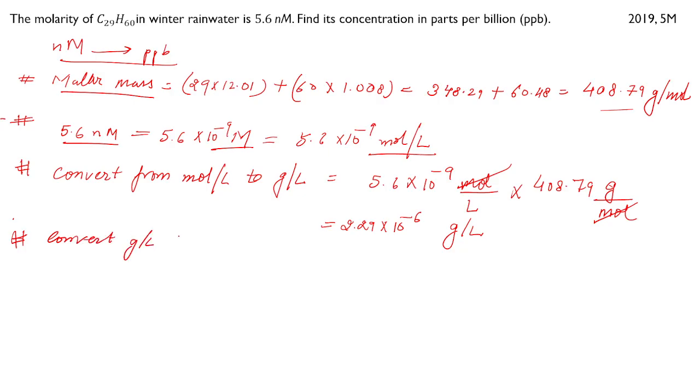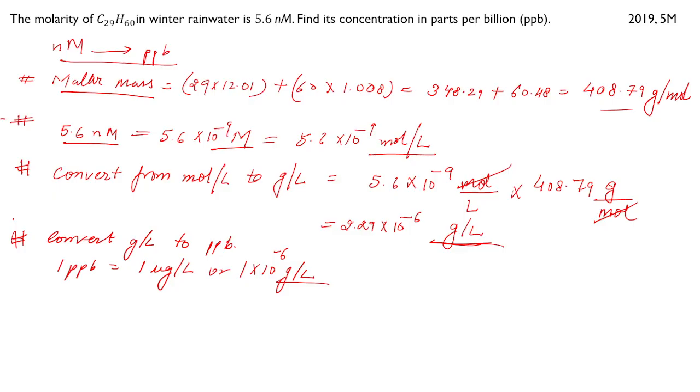Okay, now we are able to convert gram per liter to ppb. So always remember, 1 ppb is always 1 microgram per liter, or we can say 1 into 10 to the power minus 6 gram per liter. Now see, the unit here is grams per liter, and the unit here is grams per liter.